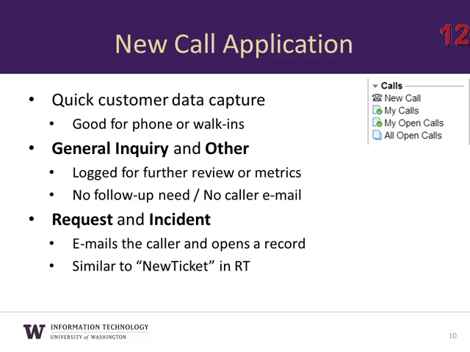So creating a request or incident record is going to generate an email to the customer, much like emailing help at you. They're going to get a confirmation that a record has been created. And then there's the obligation to follow up, just like an RT ticket. We will have to actually follow up and resolve that record. Does that make sense? So we have 4 options, but 2 general destinations.